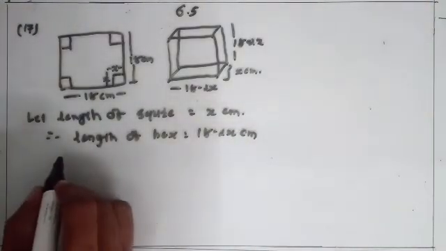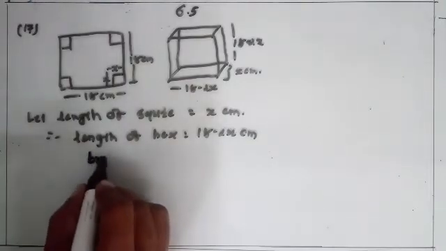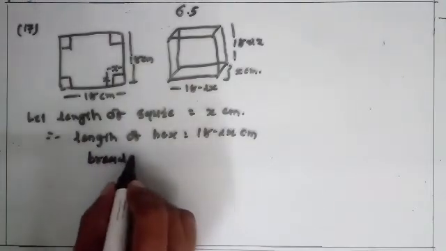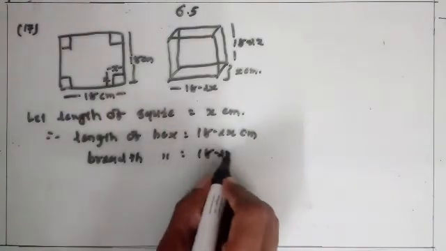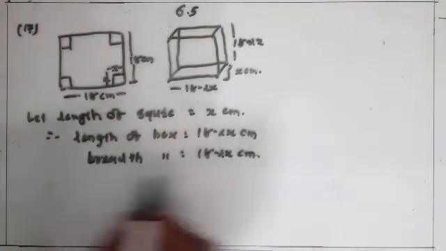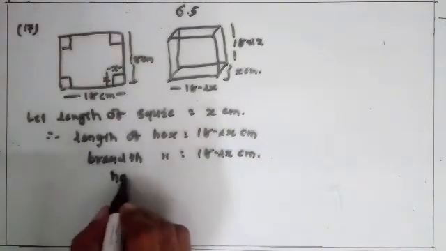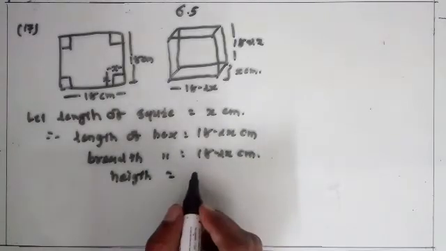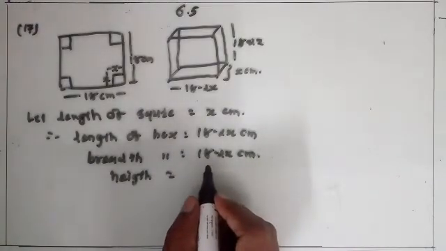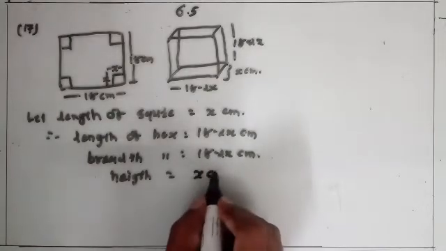Clear? The breadth of the box is equal to 18 minus 2x cm, and the height becomes x cm.